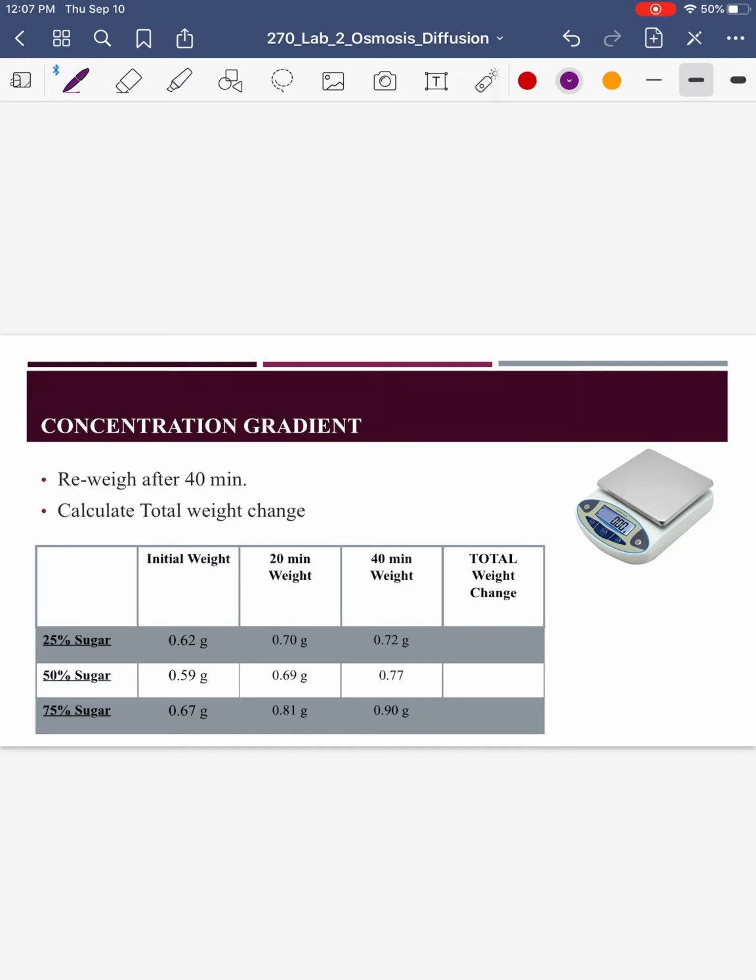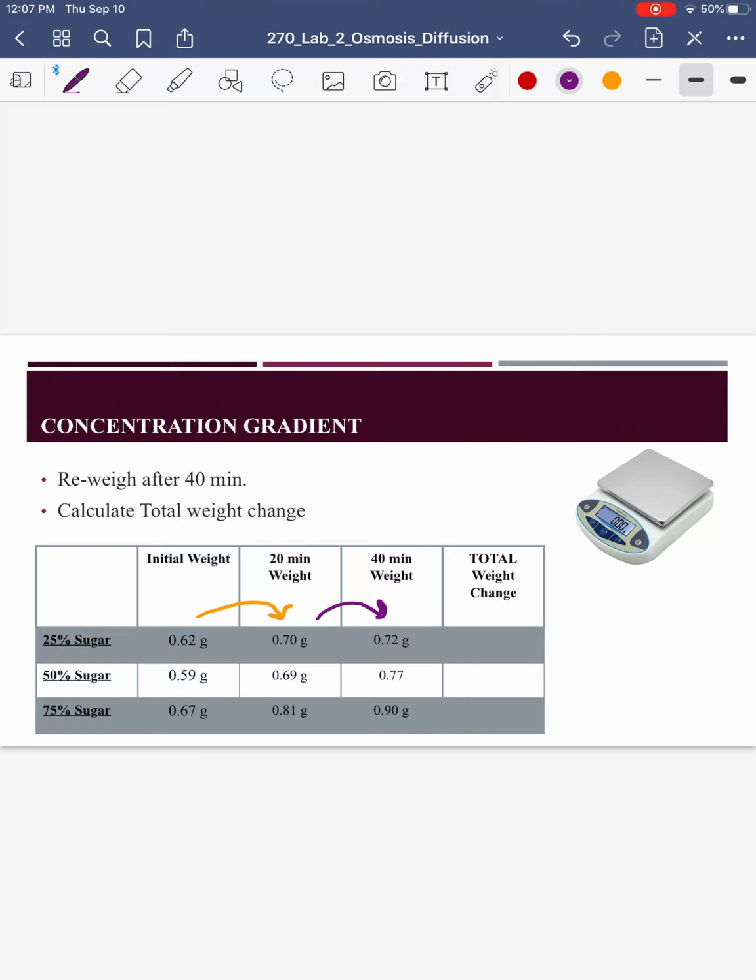Here's your answer. And I'm going to let you figure it out, but here's the data. So you'll be able to compare the weight change from time 0 to 20 minutes for all 3 bags. And then you'll also be able to compare the weight change from 20 to 40. So you're going to have to answer this in your lab assignment.